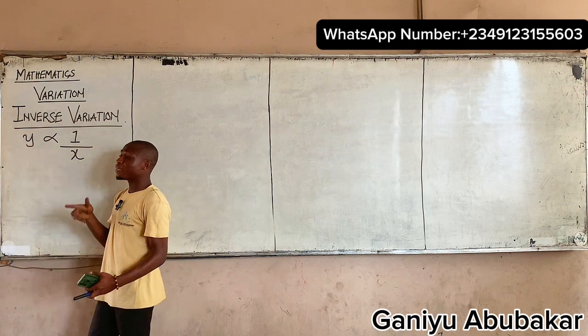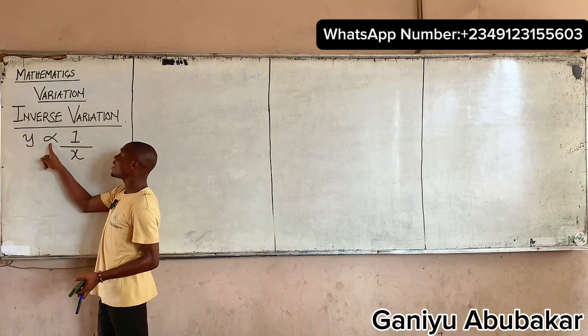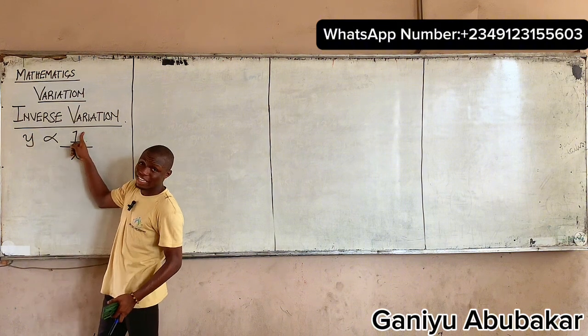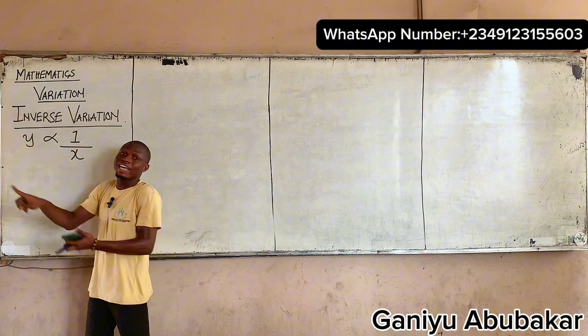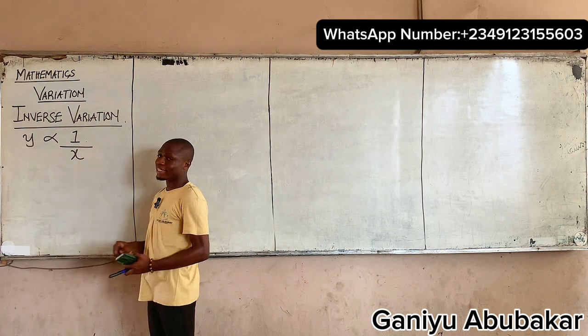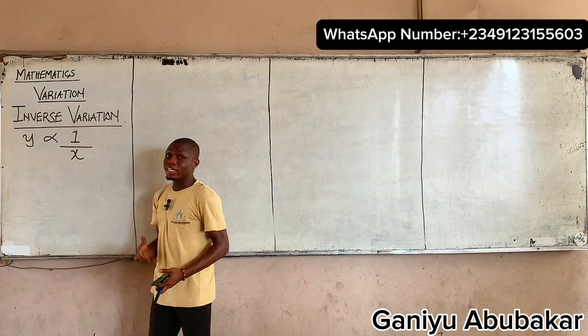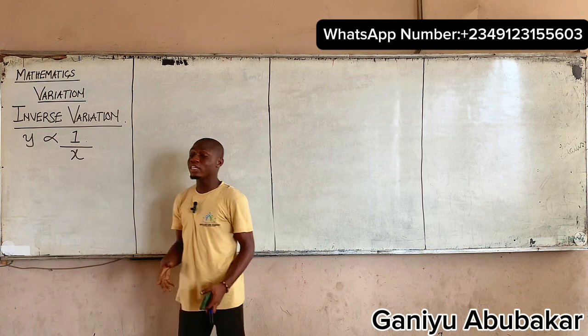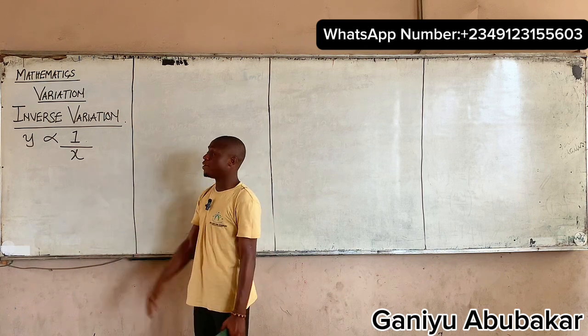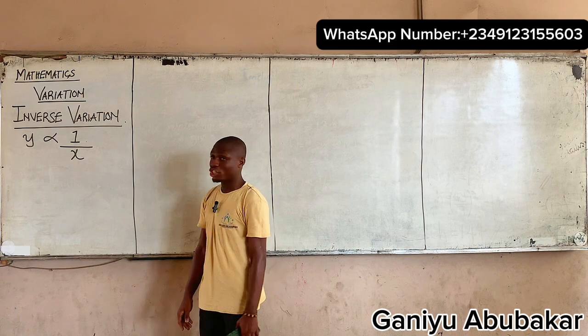Given that y varies inversely, for inversely you have to put 1 first. So varies inversely as what? As x. So don't just put x, you put 1 first, all over x. This explains the concept of inverse variation.